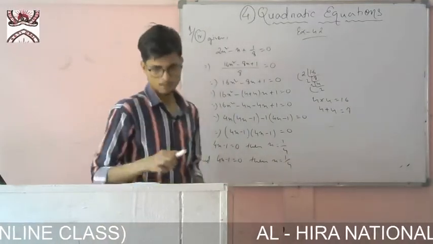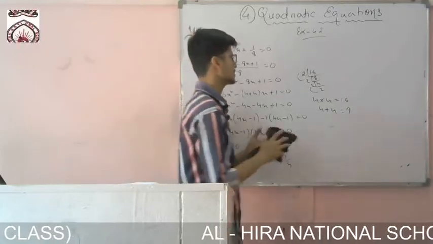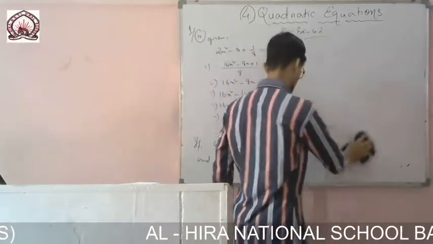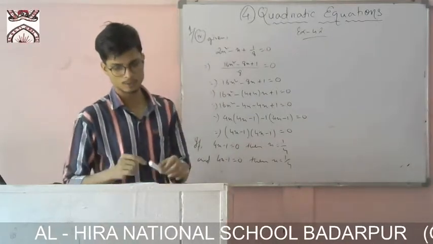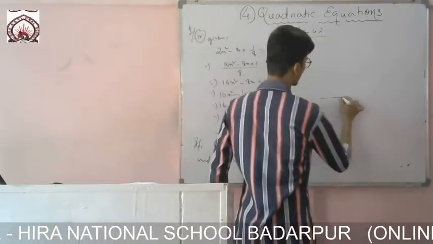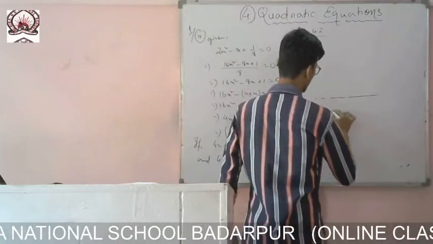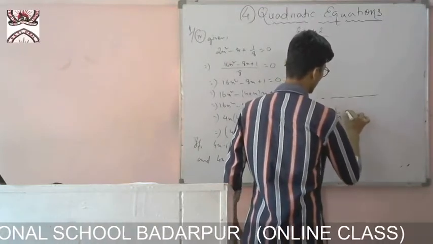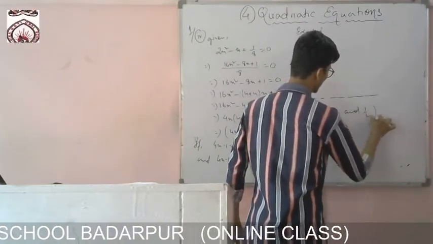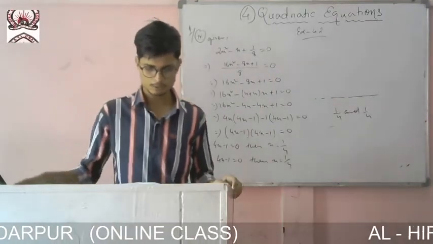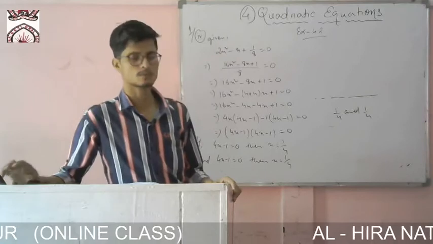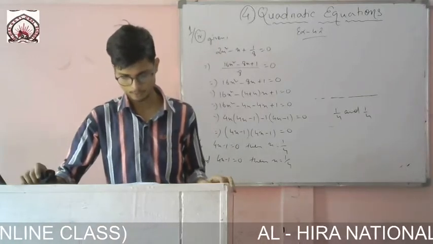Therefore both the roots of the quadratic equation are equal, and they are 1 by 4 and 1 by 4, both 1 you write. Okay, don't write only one time. So therefore both the roots of the quadratic equation are 1 by 4 comma 1 by 4. Okay.